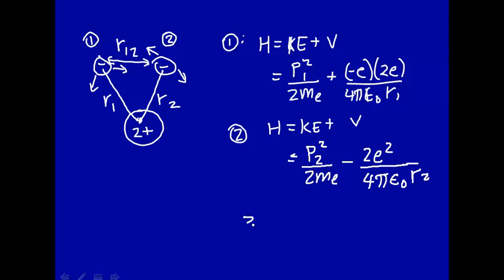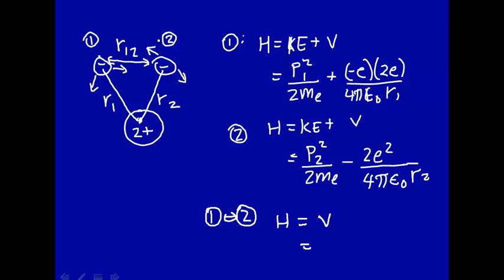And then third, we have the electron-electron interaction here. So that is just a Coulomb interaction. Let me just write this as the electron 1, 2 interaction. The Hamiltonian for that will just be the potential energy.